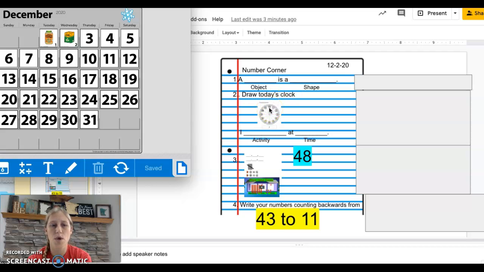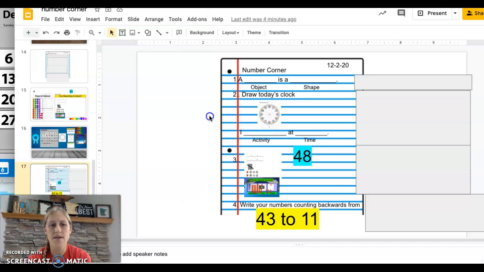Number 2, draw today's clock. So when we look at the clock for today it is 8 o'clock a.m. So you're going to draw a clock.